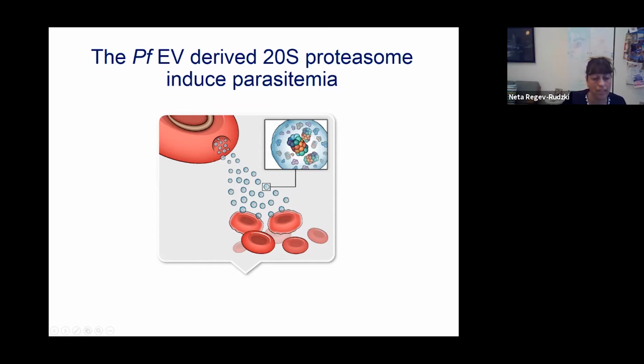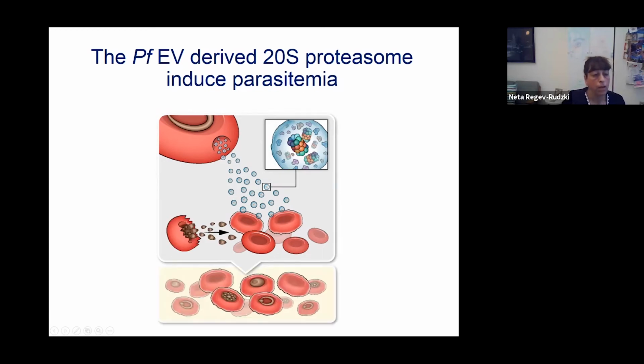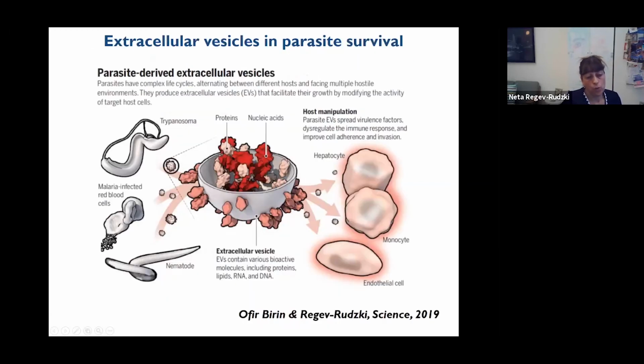And by that, assists the parasite in its invasion and its growth. And I must say that during the past 5-6 years, there are more and more examples of other parasites that produce vesicles to facilitate their growth and modify different target host cells.